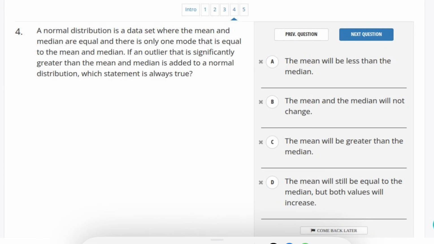So in this case, the mean has to change. As I mentioned on the earlier problem, the mean changes no matter what. If you add a number that is greater than the mean, it will increase.